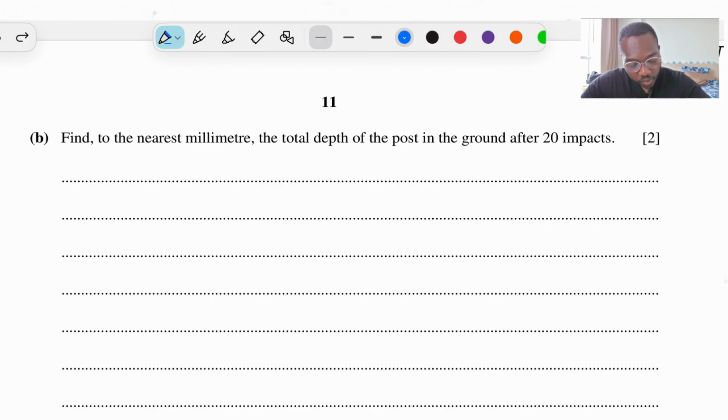So we need to work out S20. Even though this is convergent, it may not be convergent after 20 impacts. It most likely won't be. So we need to use the general formula for the sum of a geometric sequence, the one we usually use when something is divergent. The general formula is Sn equals A1 times in brackets 1 minus r to the n, all divided by 1 minus r.